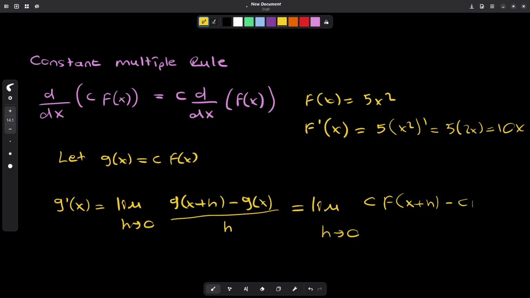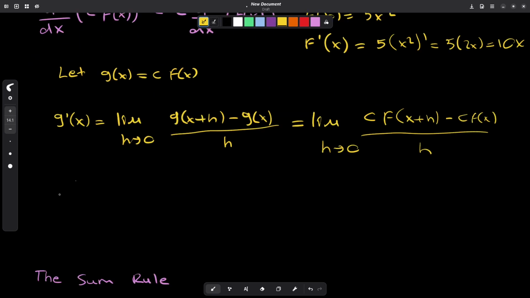It is equal to c f(x). And this is over h. Now what can we do? We can continue here. We can take this under the c parentheses, right? So under the c parentheses, f(x plus h) minus f(x), and this is over h.